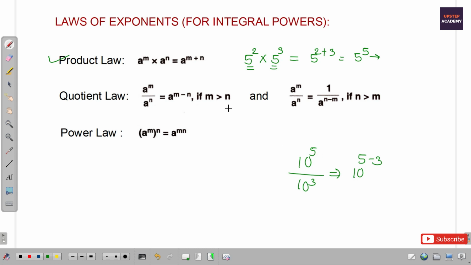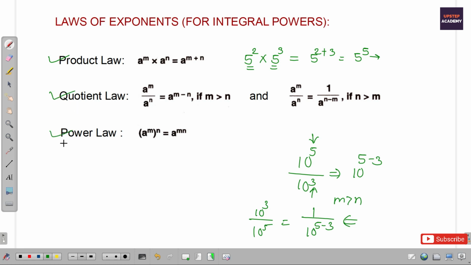And this will be applicable when m is greater than n, nothing but this 5 is greater than this 3. And what will happen if the power of the denominator is greater than the power of the numerator? In this case we can write it as 1 upon 10 raised to 5 minus 3. This is the quotient law of the exponents.